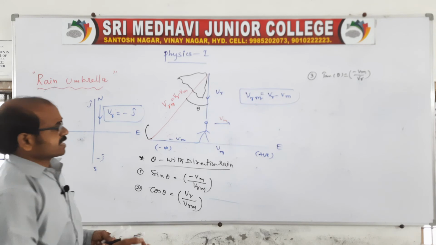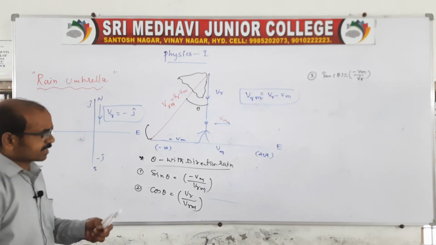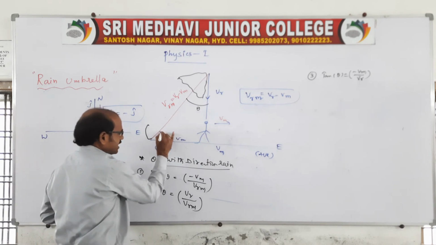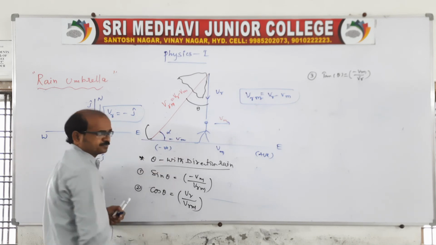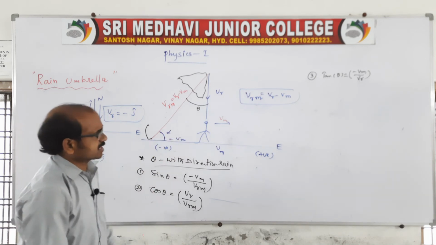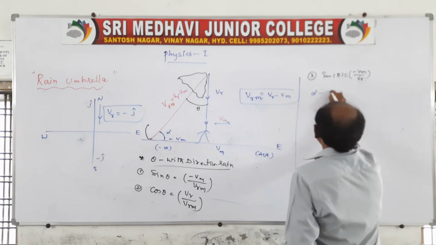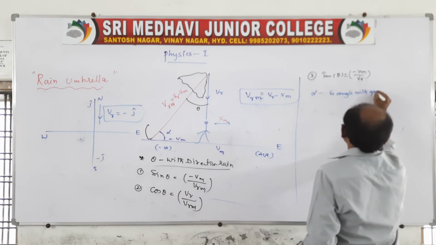When the umbrella makes an angle theta with the direction of rain, suppose the handle makes an angle alpha with the ground. Alpha is the angle with the ground.